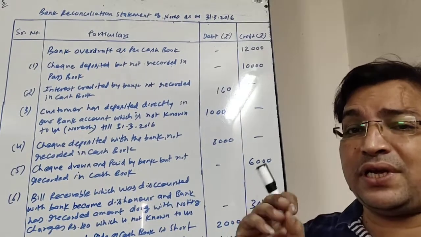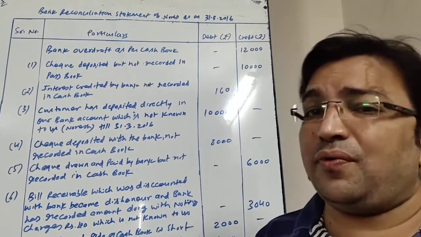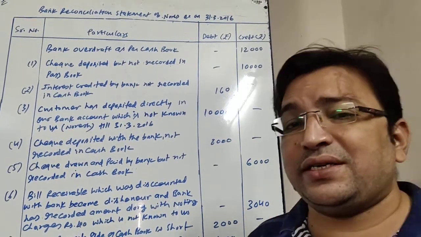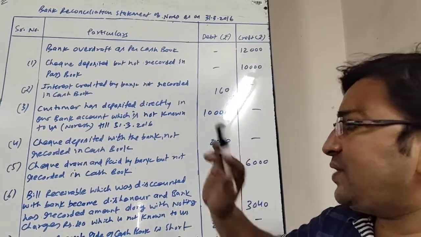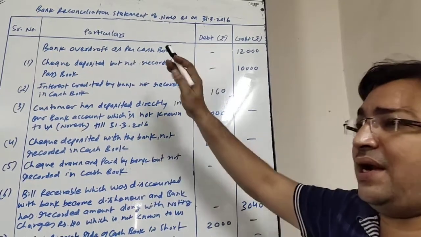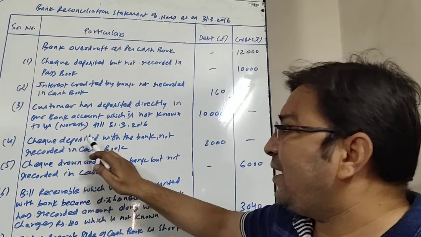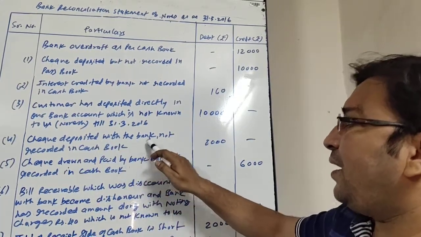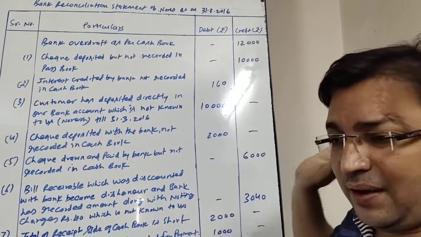So check deposited and credited by bank but not recorded in cash book. We know when a check is deposited, it is debited to the cash book. So in place of the debit side of cash book, we will write it here in bank reconciliation statement at the debit side. Check deposited with bank not recorded in cash book rupees 8,000 at the debit side.